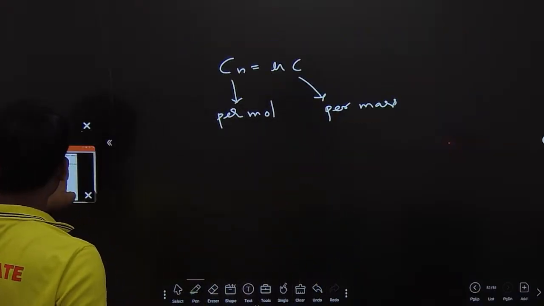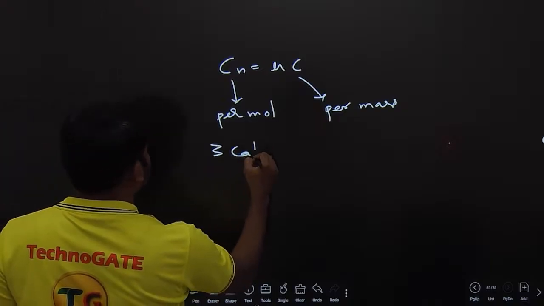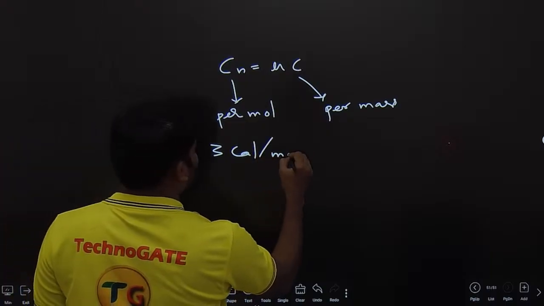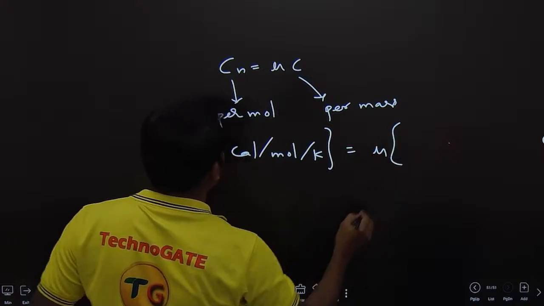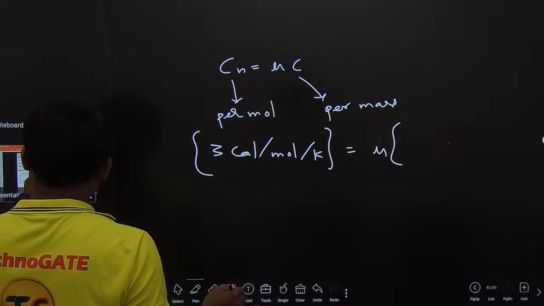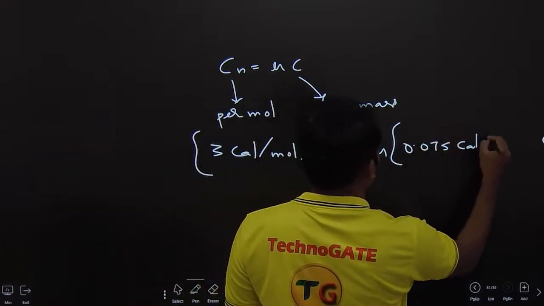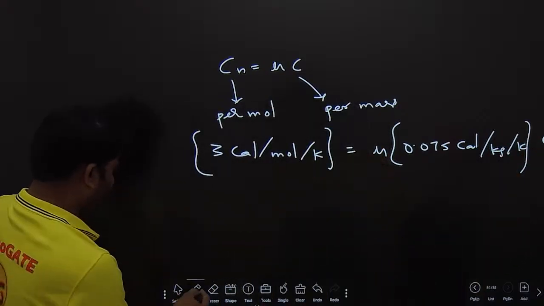This per mole is given as molar specific heat as 3 calorie per mole per Kelvin. Here mu is not given. C per mass is given as 0.075 calorie per kg per Kelvin. Okay, clear? This is the one.